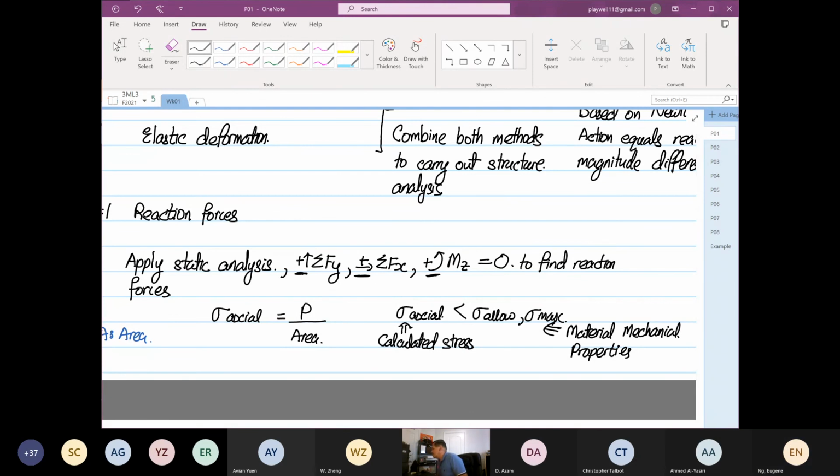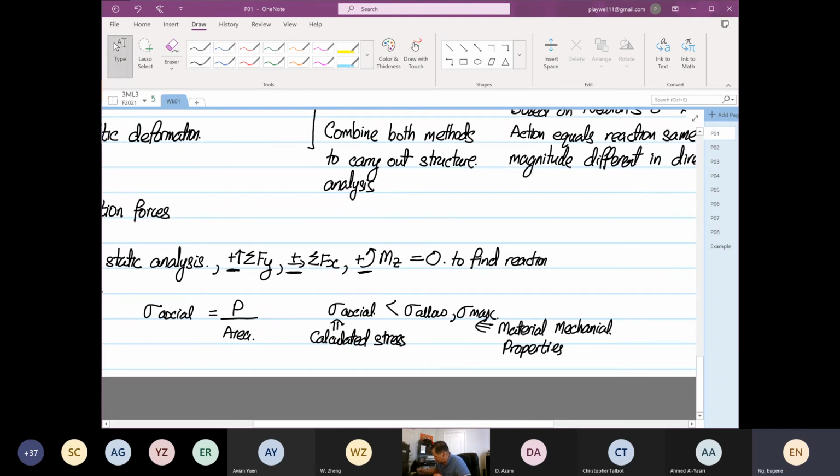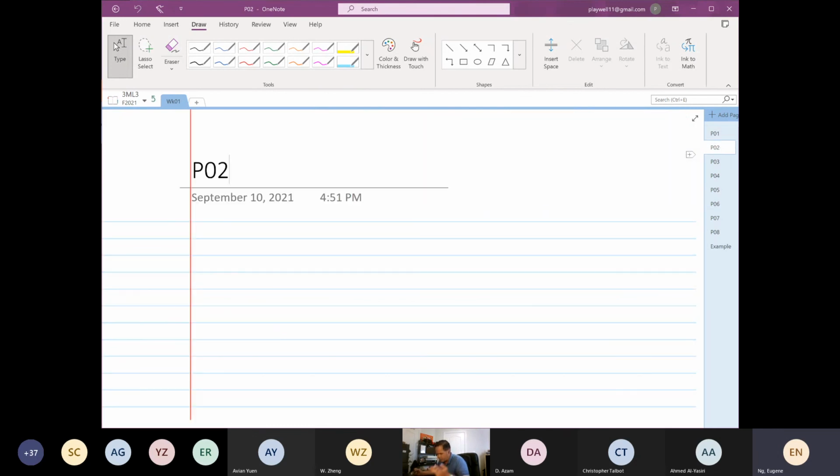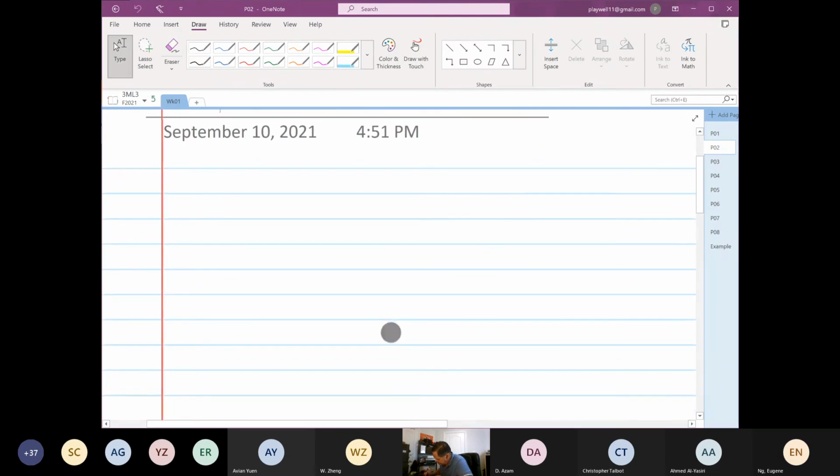Anyone? Okay, I don't hear anything, so I'm going to proceed. So let's look at material mechanical properties. Okay, let's briefly look at what we mean by material mechanical properties.